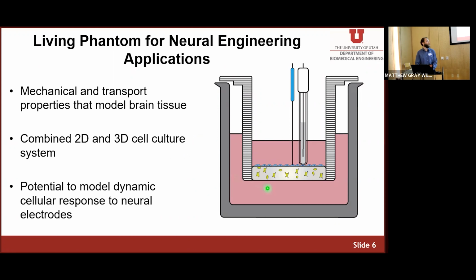And you can see that a little bit in this cartoon here with the 2D monolayer on top, representing other tissue layers within the tissue, or possibly serving as a proxy for the scar tissue layer that builds up around electrodes during the foreign body response. And we also want to explore the potential to model some of these dynamic cellular changes that take place during the foreign body response by introducing various chemical cues or signals into the system.